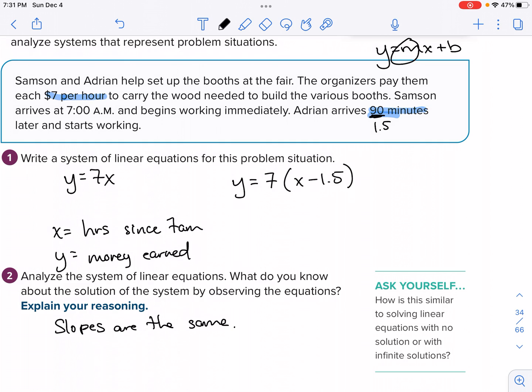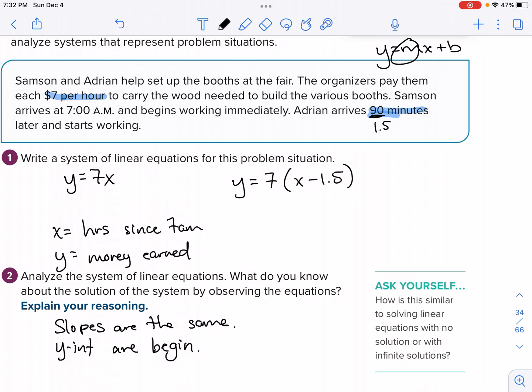The only thing that's a little bit different is the y-intercepts. Y-intercepts are different. Where they begin. They would be the same if they both start at the same exact time, but since Adrian is starting a little bit later, he's making less money.